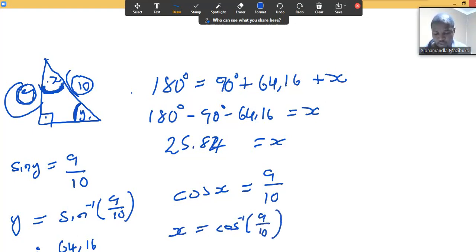So shift cos 9 divided by 10, close the bracket. We're getting the same answer. This is 25.84 degrees. Either way, whether you use this method or the second method, it is the same thing.